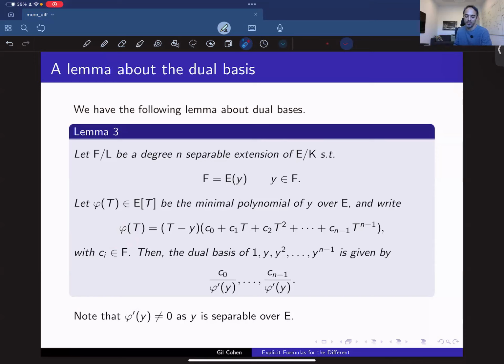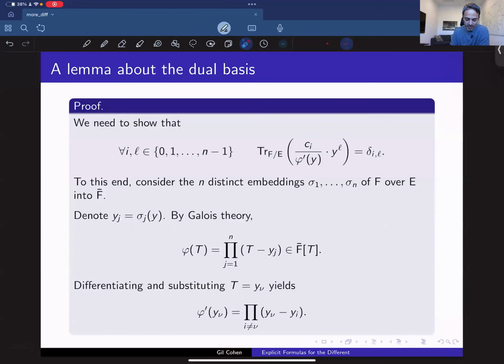It gives you immediately the minimal polynomial. You need to compute a derivative, which is the formal derivative, which is very easy. And you do need to divide that polynomial by t minus y to get the c_i, but these are just computational problems, which are very simple, not something too difficult. So I think it's nice to see this abstraction take the form of something that's feasible to do.